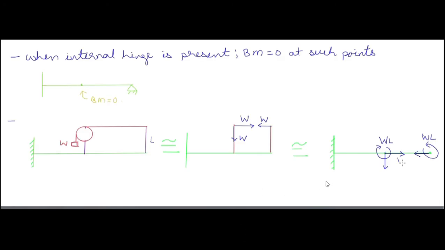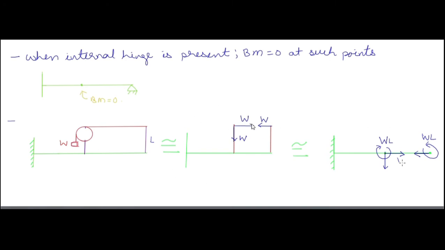Now in the third, we do the vector transformation, meaning the vector has been moved along the length and we have applied the moment also, the moment induced by the shear force.